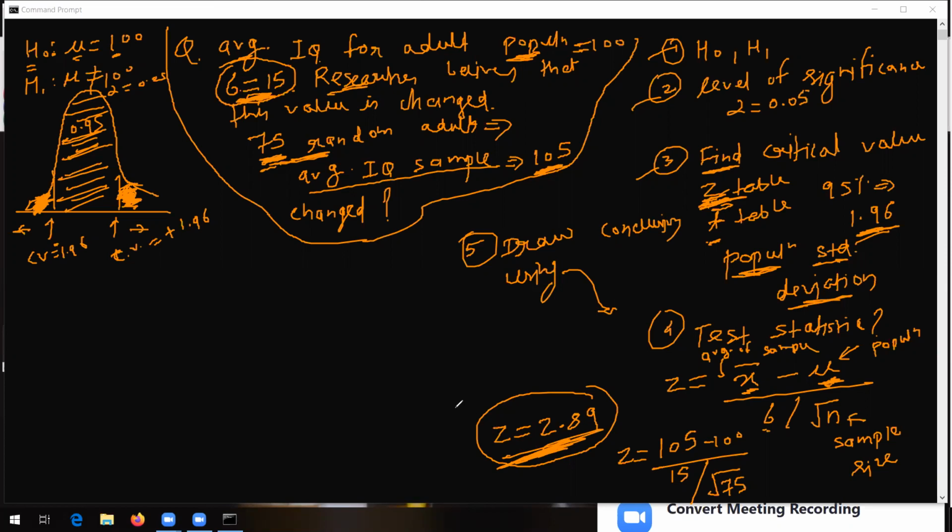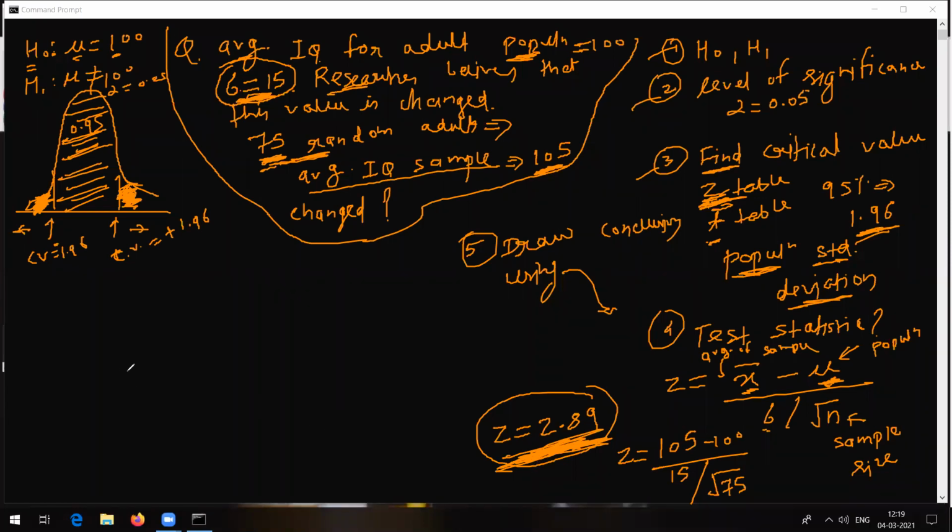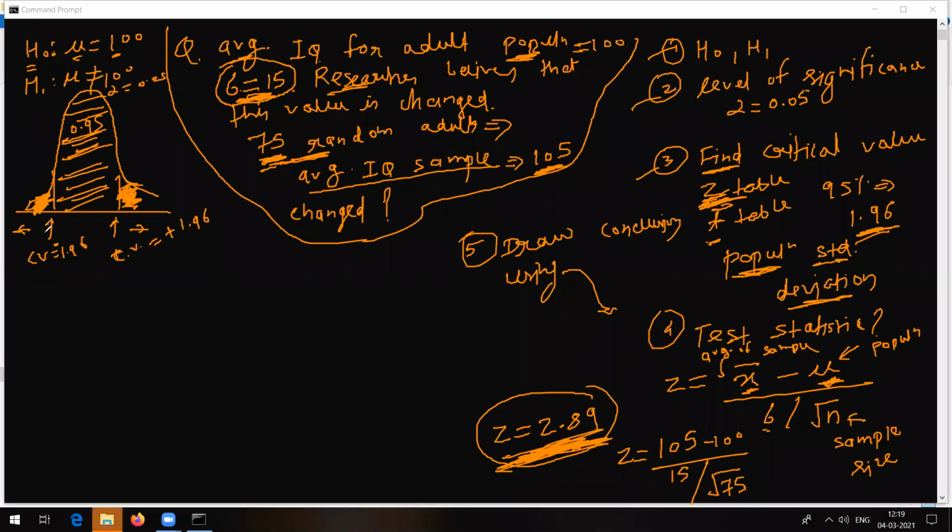In the test which we perform, if the Z value for our sample is going to come in the rejection area... now what is the rejection area? This shaded area is called the rejection area. This one and this one.